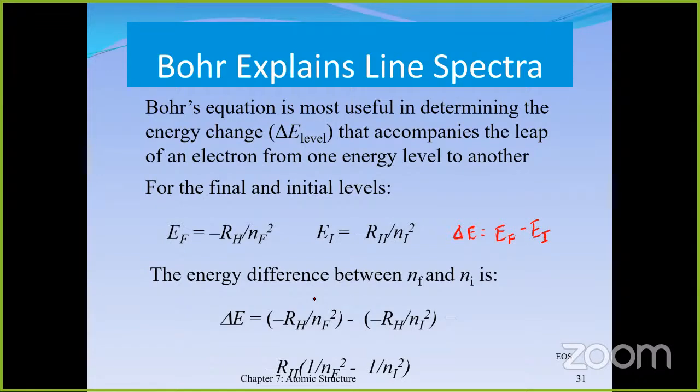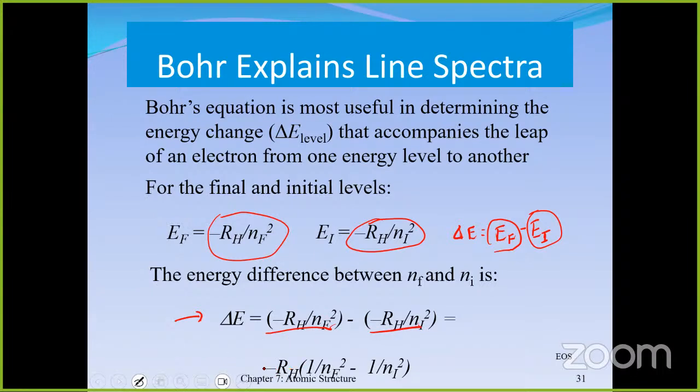So if you plug in these terms into here and here, you're going to end up with this equation right here. Delta E is equal to this minus this. And then what you can do is factor out RH, and you're going to get delta E is equal to minus RH times 1 over N final squared minus 1 over N initial squared.